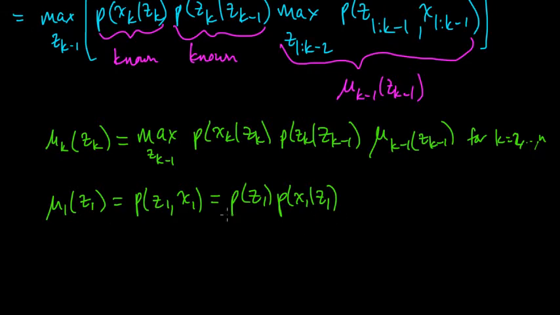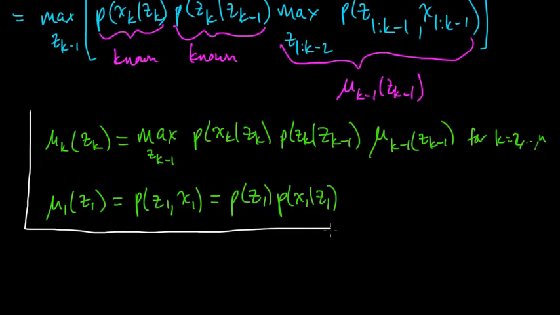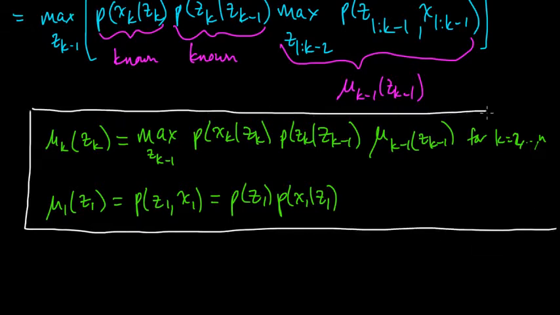So this is all known, and we now have a recursion that we can use to compute mu, starting from mu_1, and then doing mu_2, mu_3, mu_4, so you go in order, in the forward direction, all the way up to mu_n.